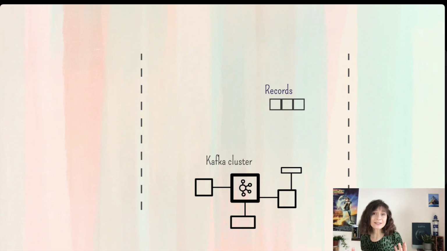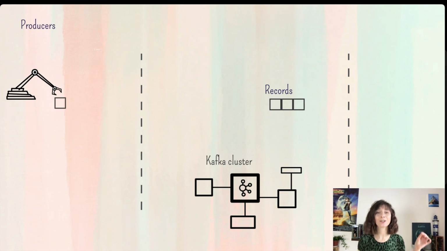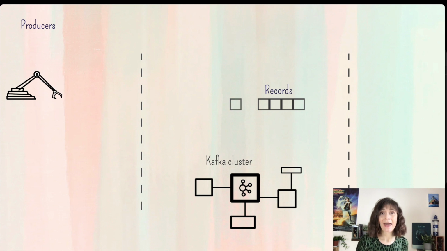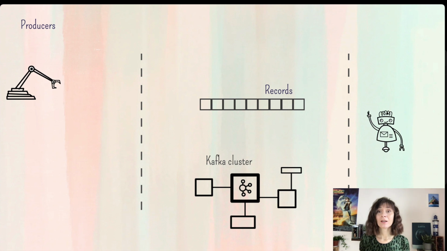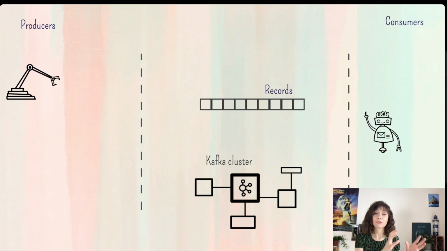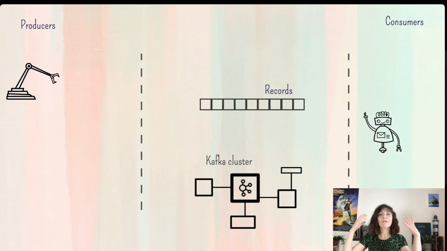This means that on one side we have structures that create and push the messages into the cluster. They're called producers. And these are applications that you write. And on the other side, we have consumers, which pull and read the messages and do whatever you need to do with that information.